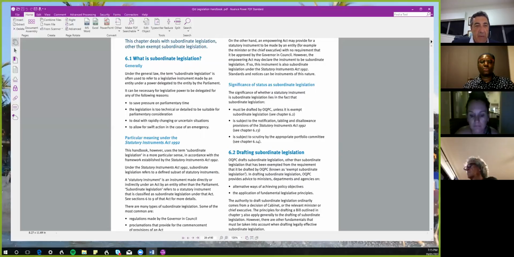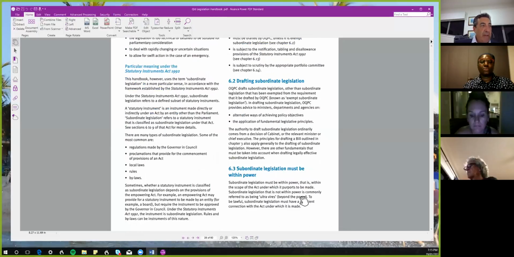Look, it might be regarded as a very technical argument, but it's important because if your client is charged with breaching some subordinate legislation prepared under delegation or subdelegation, to do your job properly, you need to check whether in fact the delegation or the subdelegation was done lawfully and the subordinate legislation was prepared in accordance with that power.